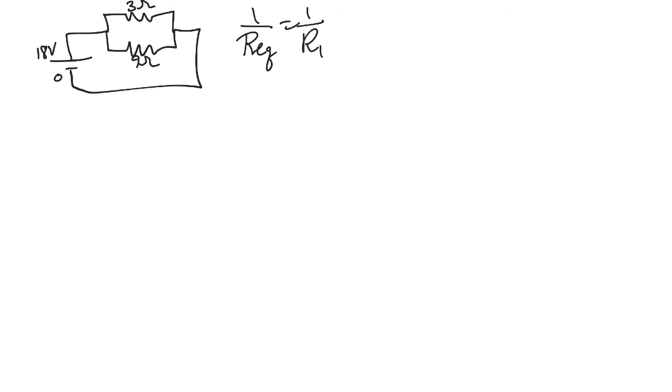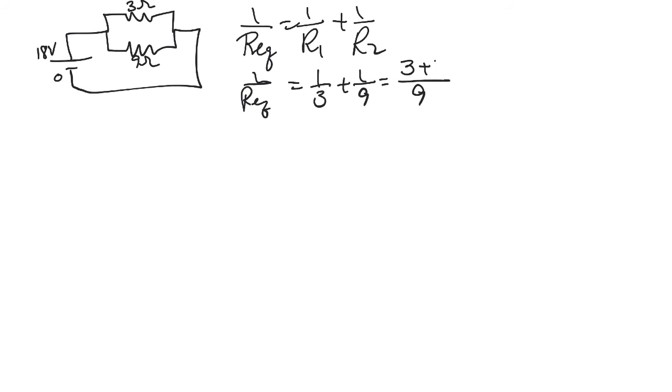And here it goes. So it's 1/3 plus 1/9 is 1 over our equivalent. So what is that? 9. And then that's 3 plus 1. So that's 4/9. So our equivalent is 9/4 of an ohm.